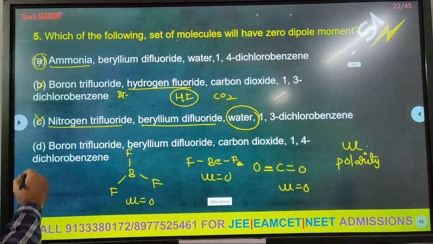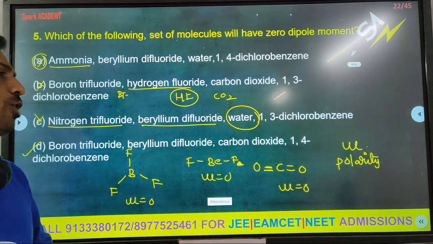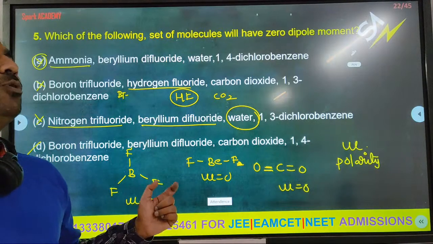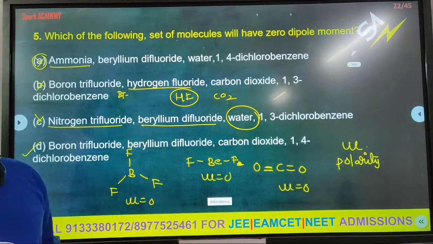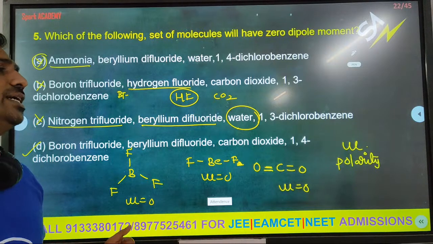So the answer is D: boron trifluoride, beryllium difluoride, carbon dioxide, 1,4-dichlorobenzene. Their dipole moment is 0. Even though they have different electronegativity elements, due to their structure and symmetry, their dipole moment is 0.